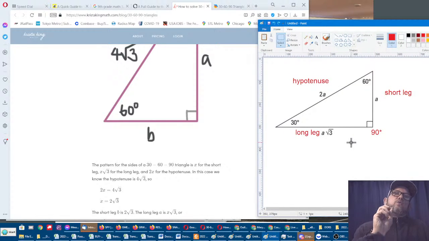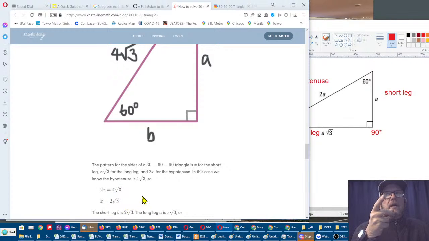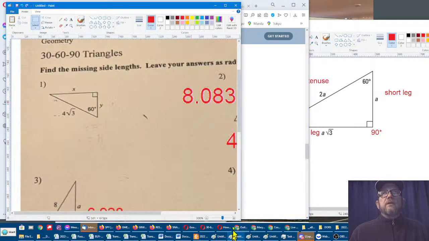And if you look at the answer down here, apparently you take the 4, which is actually the formula for 2 times A. So that means you divide the 4 by 2 to give you the A. That's giving you 2 square root of 3 for your homework.